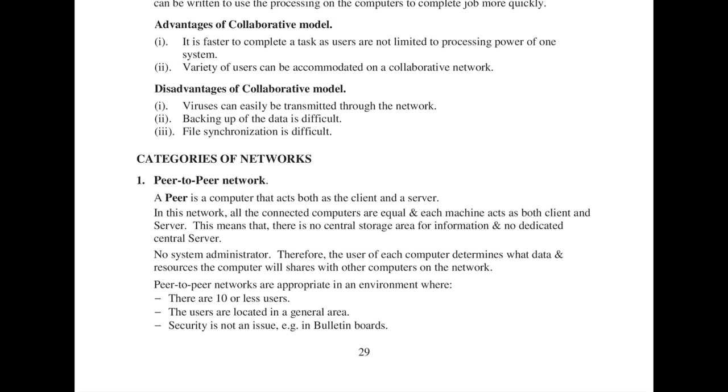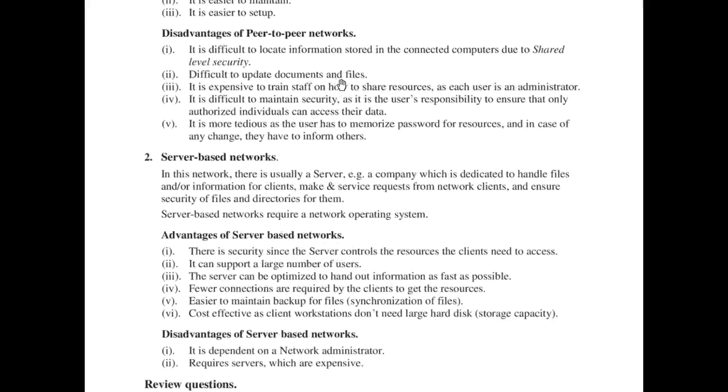In this network, all connected computers are equal, and each machine acts both client and server. This means that there is no central storage area for information and no dedicated central server. So for that case, there is no need of having a system administrator. That is the peer-to-peer. All machines are the same. They are acting as server and client at the same time.